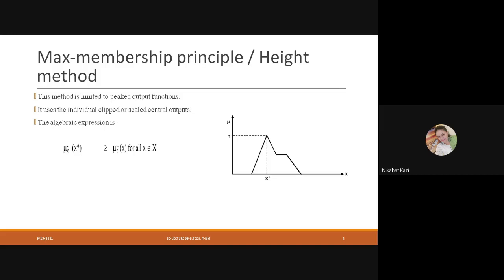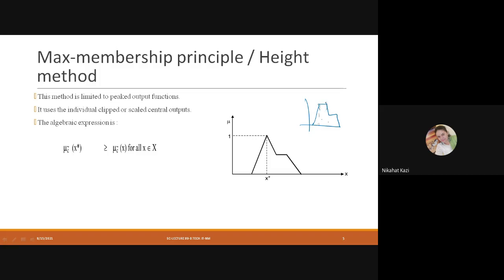Now there are different variants of this height method. For example, if the peak is somewhat like this, it's not a single peak. It's not a single value which is the highest value. There is a range.